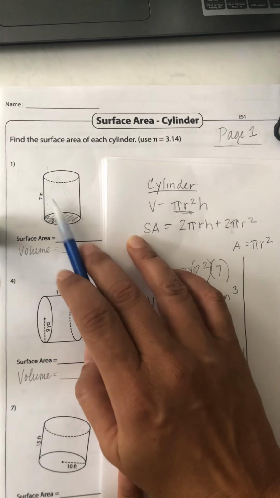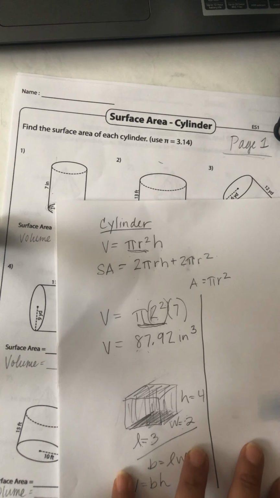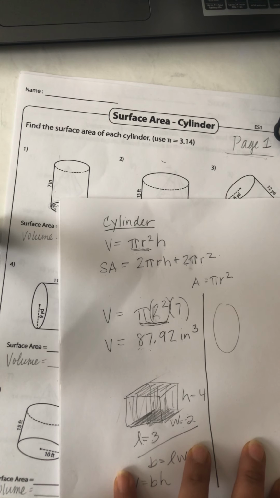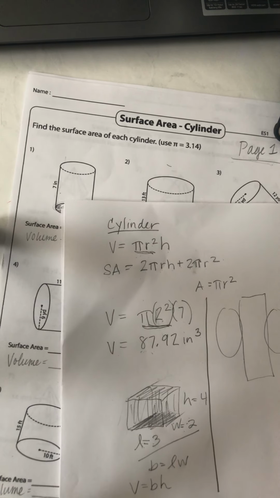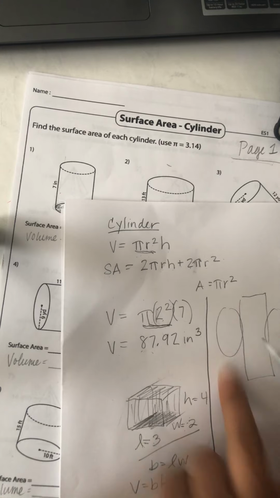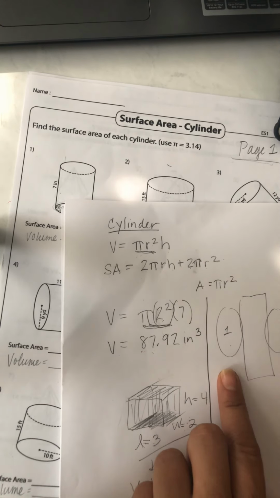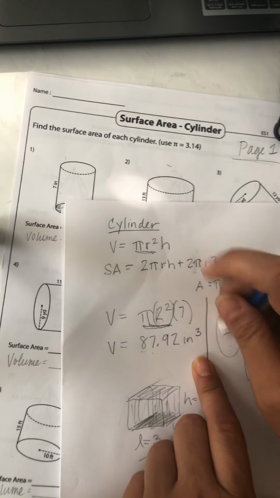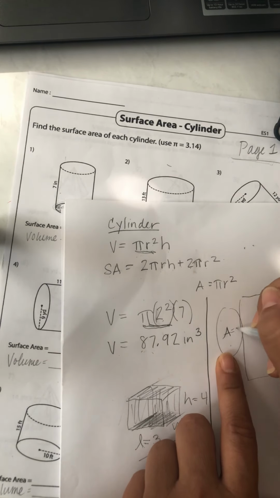So if I were to take a net of a cylinder, it would be 2 circles and a rectangle, right? So this would be the net. So basically what I need to find is the area of this circle and then multiply it by 2, right? So the area of the circle times 2.